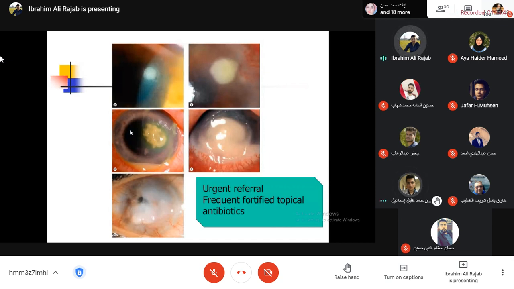Right. Now let's start from the peripheral part: in the image there is conjunctival congestion, so corneal injection or conjunctival congestion. And you say that there is a corneal infiltrate, indicating that there is keratitis.